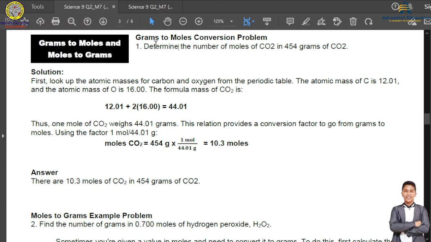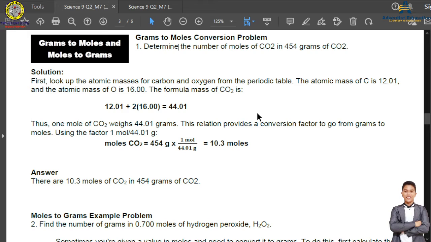Question number one: determine the number of moles of carbon dioxide in 454 grams of carbon dioxide. I hope that you have watched the video first on the molecular mass, on how to find the total molecular mass of a compound, because we will use that in this conversion.